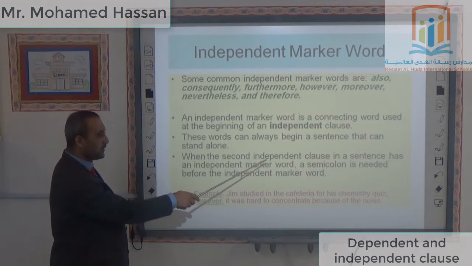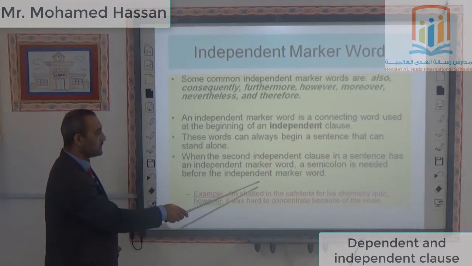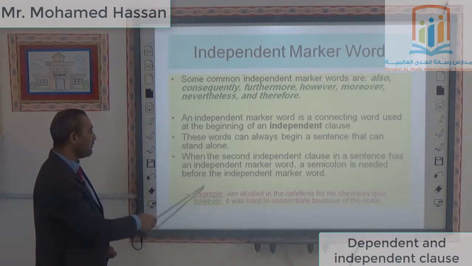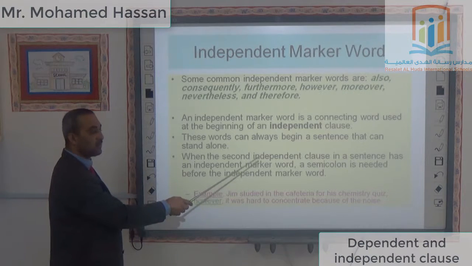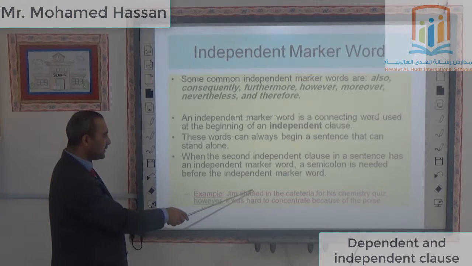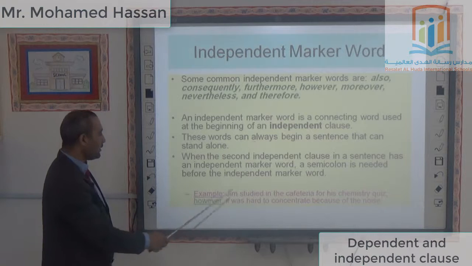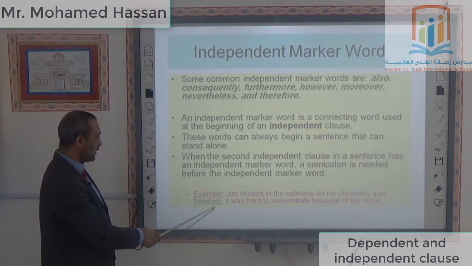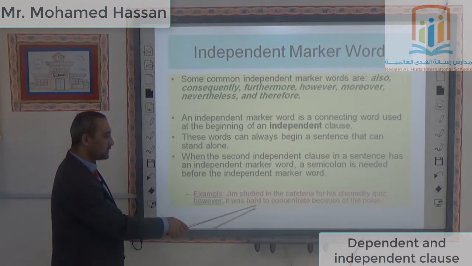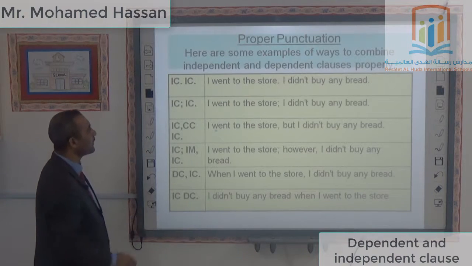When the second independent clause in a sentence has an independent marker word, a semicolon is needed before the independent marker word. Look at this example. Jim studied in the cafeteria for his chemistry quiz, semicolon, however, comma, it was hard to concentrate because of the noise.